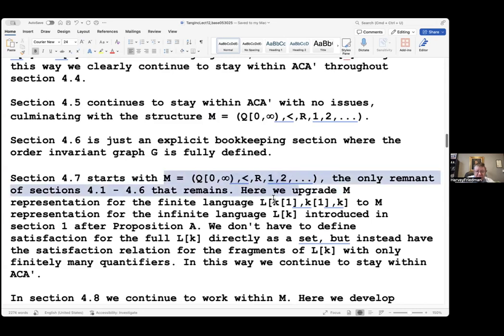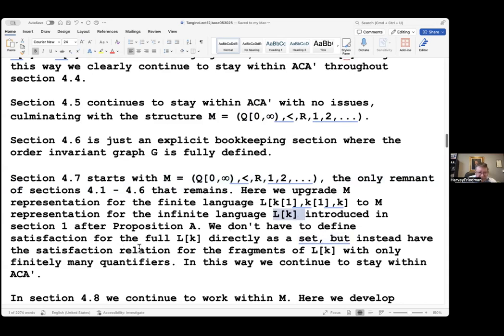So, we're out of talking about G or S, out of talking about the graph G or the arbitrarily chosen invariant maximal clique. Now, here we upgrade M representation for the finite language to M representation for the infinite language. This is what's done, and the main point in section 4.7.